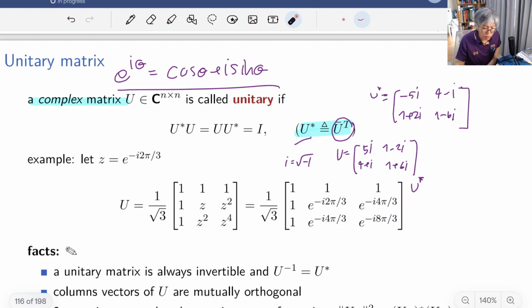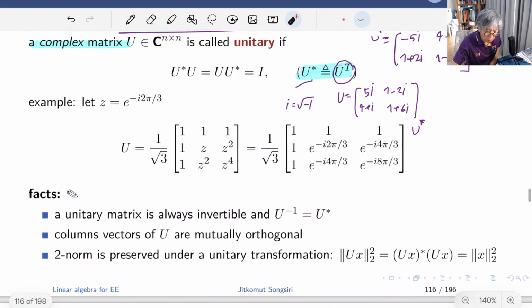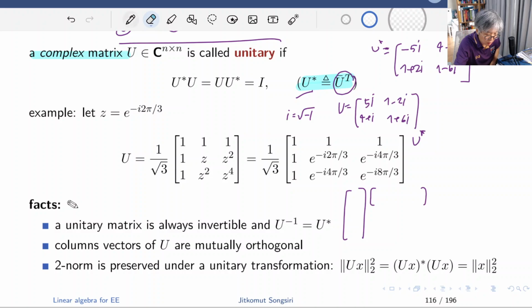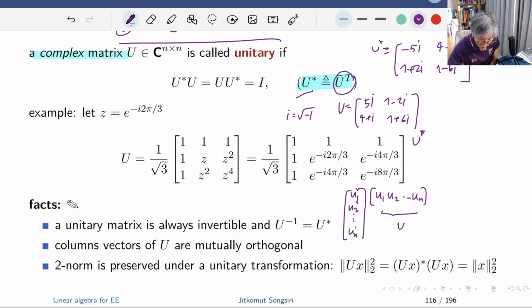Another quick property is that the columns of U must be mutually orthogonal. This can be quickly seen if I partition U into columns as U1, U2, dot dot dot, UN. So U star is going to be U1 star, U2 star, dot dot dot, UN star.